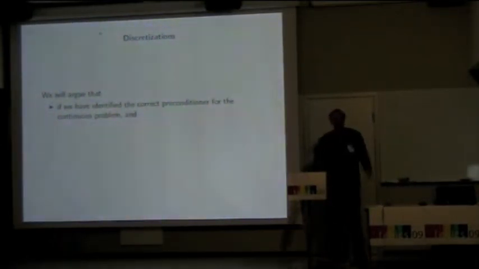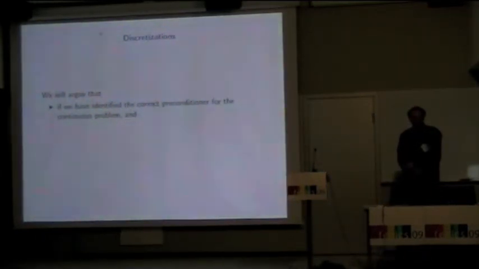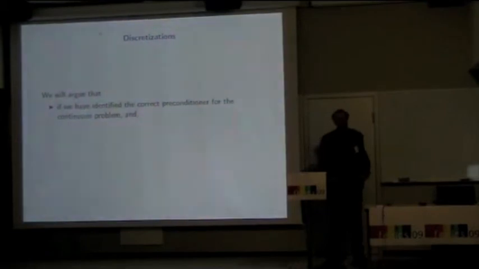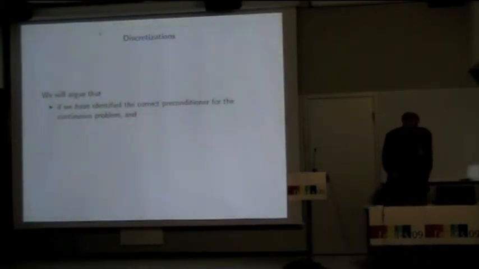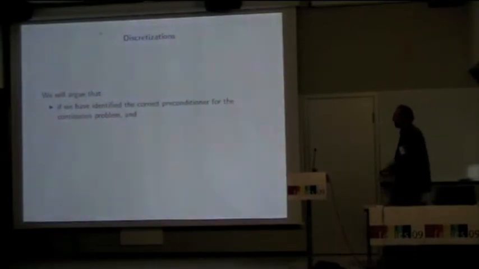All this was about continuous problems, but we all know that when we compute, we have to look at the discrete problem. So how does all this setup with preconditioners for the continuous problem relate to a discrete problem?